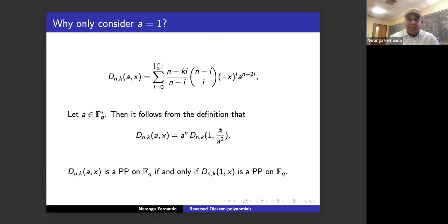As x varies through all the finite field elements, x over a squared for a fixed a varies through all the finite field elements. So to study the permutation behavior, you only have to consider the case a is equal to 1. That makes our life easy, and it doesn't happen in Dickson polynomials.